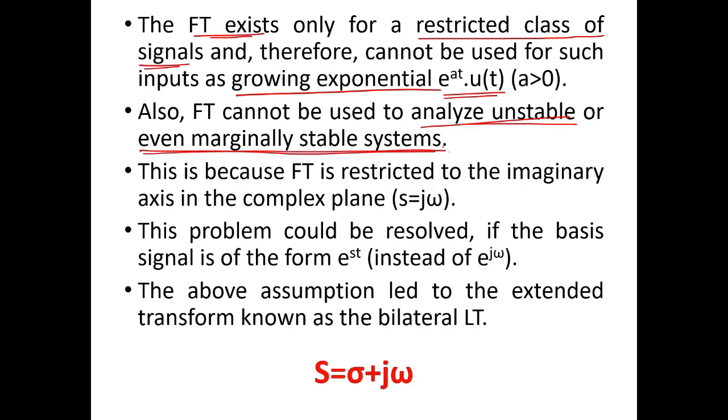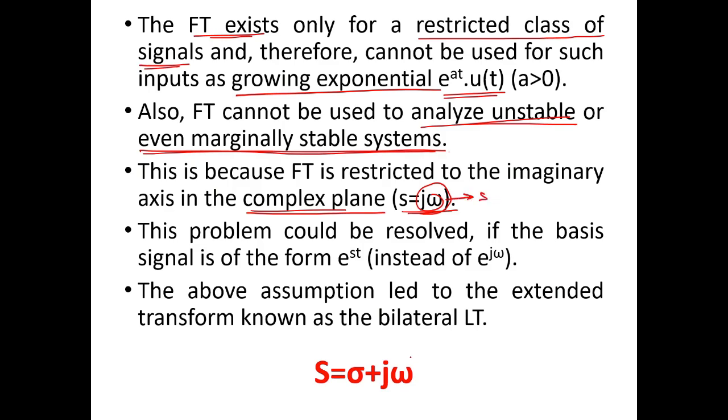As I told you, why? Because the Fourier transform is mainly restricted to the complex plane s equals j omega. Now this problem can be solved if we convert this j omega to s.